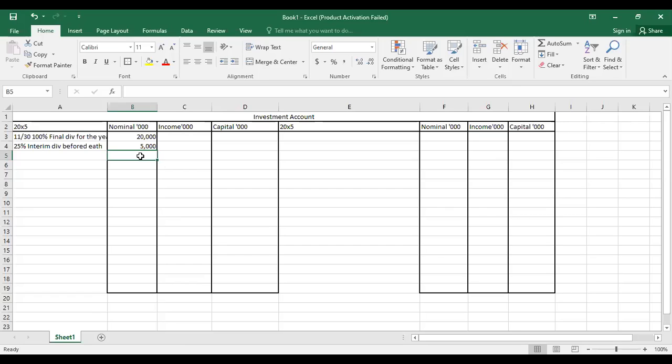I want us to agree. So is it true that it is 9 months for pre-death? Yes, because it is from January to September. You see, we are getting these instructions from the question, isn't it? And you are doing interim of 25% for the year to 30th September.